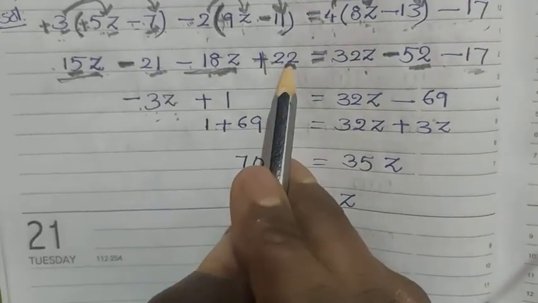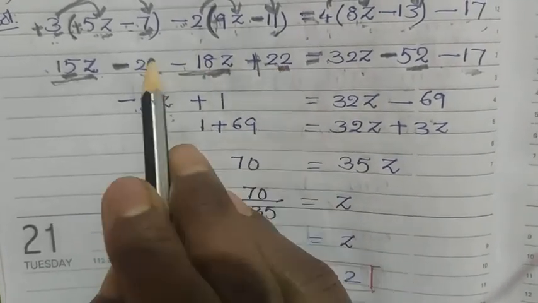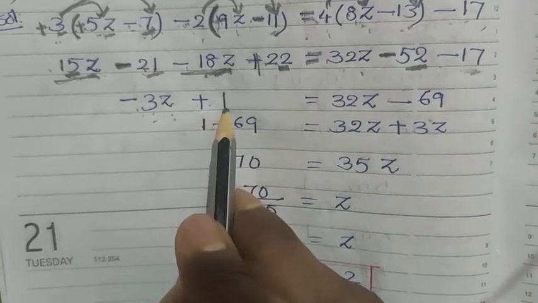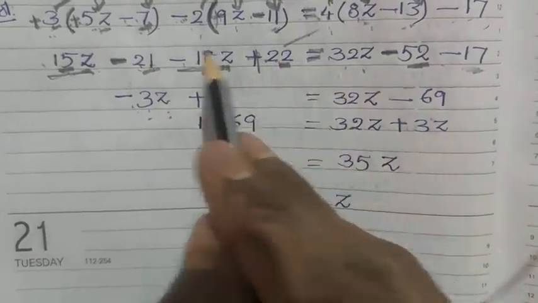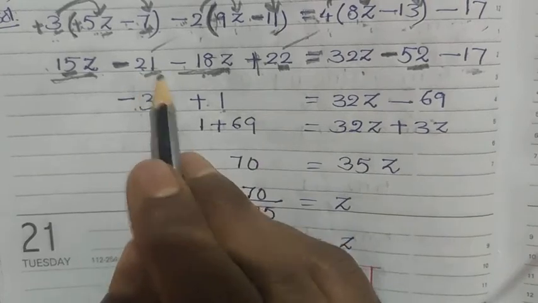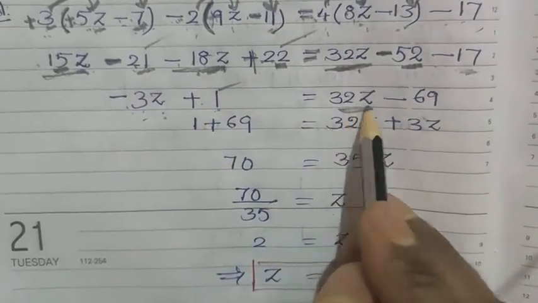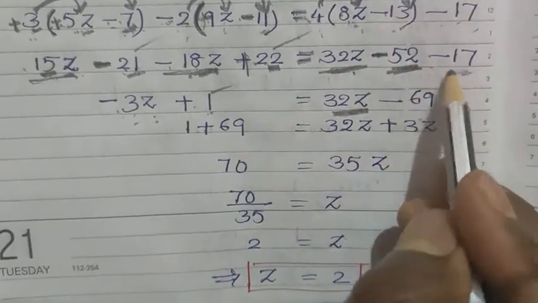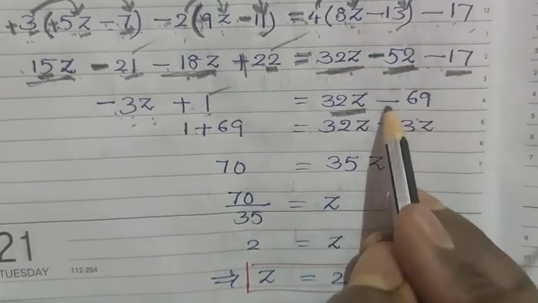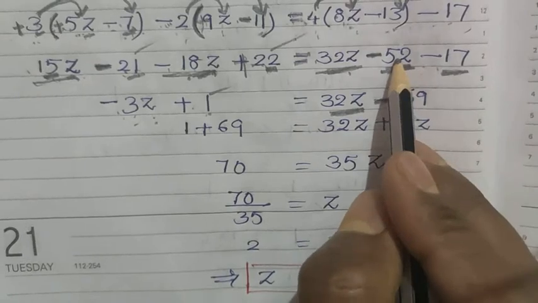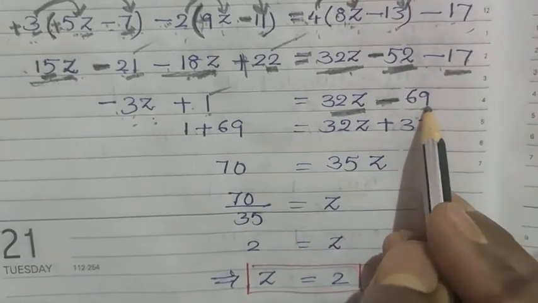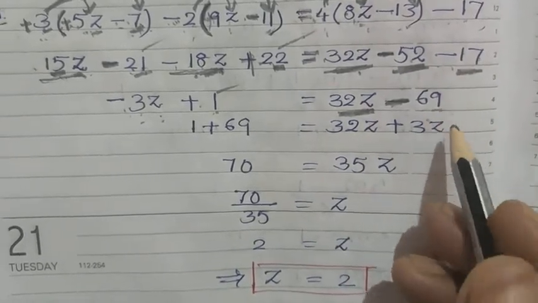Minus 21 plus 22, that is 22 minus 21, is plus 1. So if you simplify these two, you will get plus 1. Now the only z term is a single number, that you copy. Minus 52 minus 17, both are negative, so the answer is also negative. 52 and 17 make 69, so minus 69.